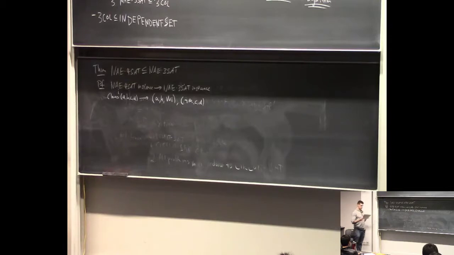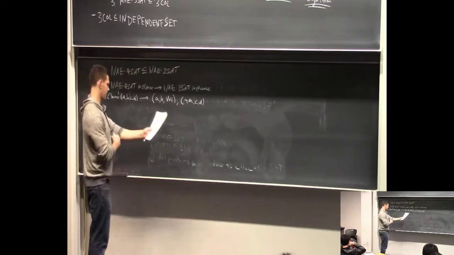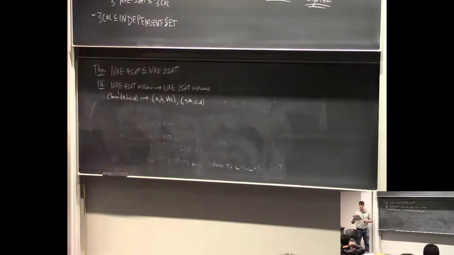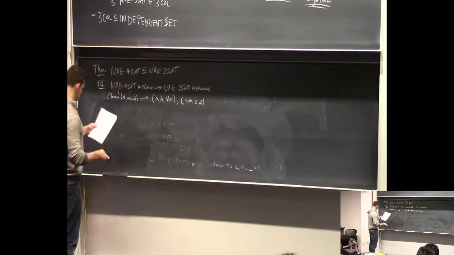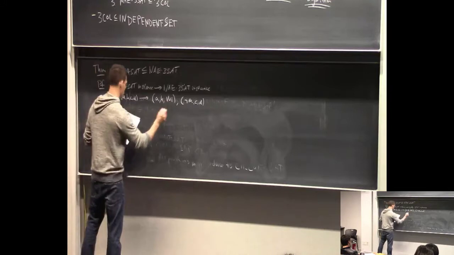And that's the reduction. All right. So, of course, it runs in polynomial time. That's pretty easy to see. We have this one new variable wi for each clause.